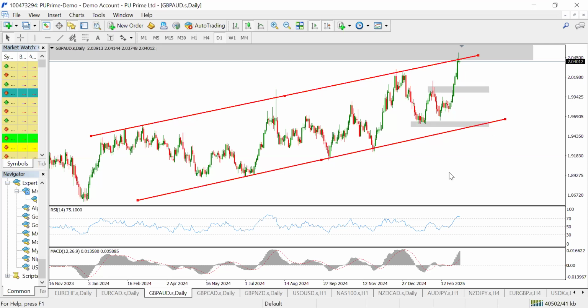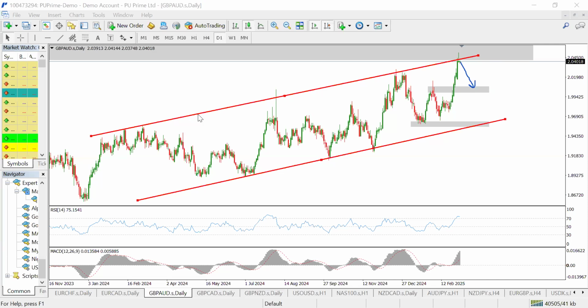So we anticipate price to drop to this resistance turned support zone. It might reverse from there or it might break further. It all depends, but our focus for now is actually just the bearish movement on price. That is the focus. Price is expected to target that resistance turned support zone.